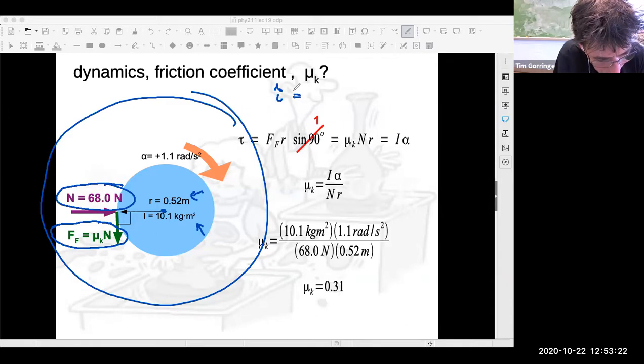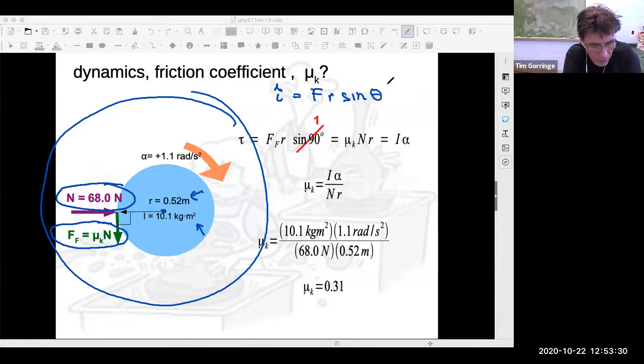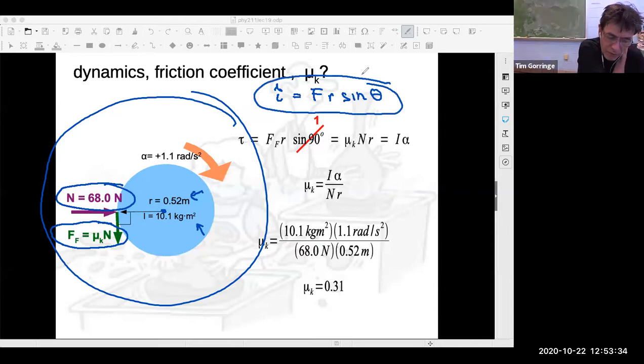Tau equals F R sine theta. Think about that formula for the normal force and the friction force.